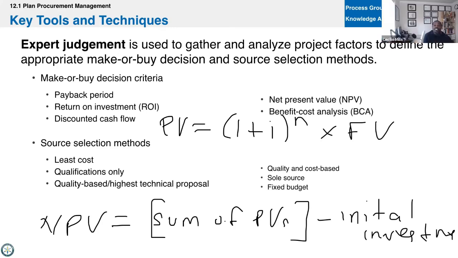So if inflation is 5%, then I'll do 1 plus 5%, 1.05 in year one. So to the first power is still 1.05, and I'll multiply that by 2,500 and I would get a number. If I want to know what that 2,500 is going to be in year 5, then I would do 2,500 times 1.05 to the 5th, right?